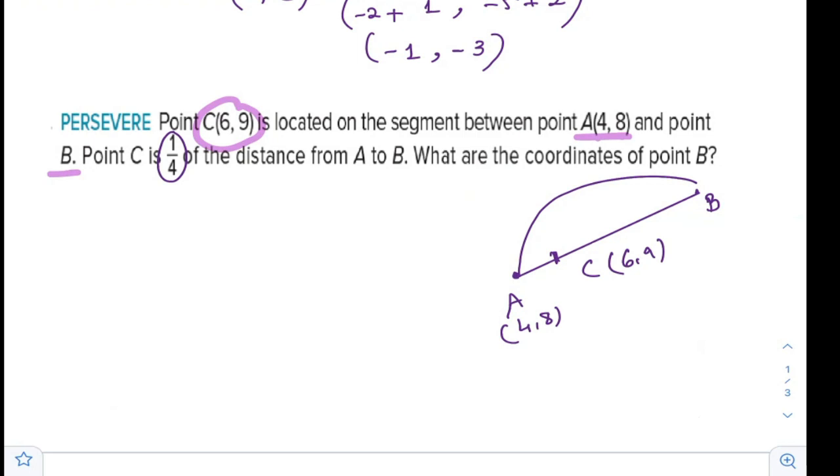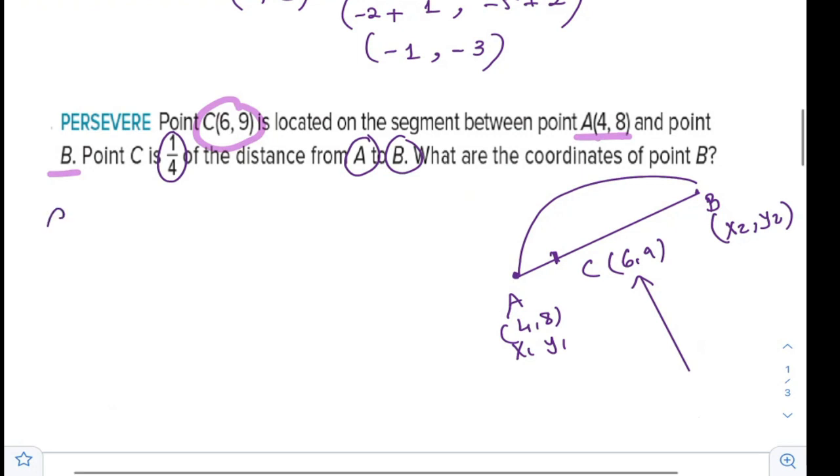Okay, what are the coordinates of point B? My advice is to always sketch an approximate drawing of the problem so you can imagine the situation. Do you know x1, y1? He is saying from A to B. So A is x1, y1. B, I don't know, so it is x2, y2. C is the point after finding the fractional distance.